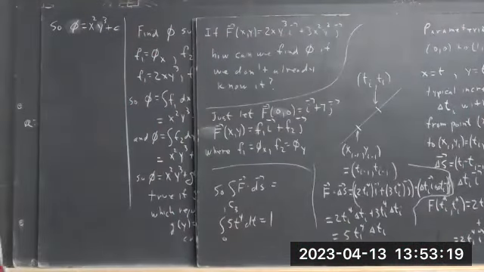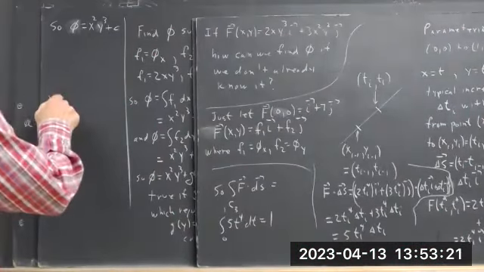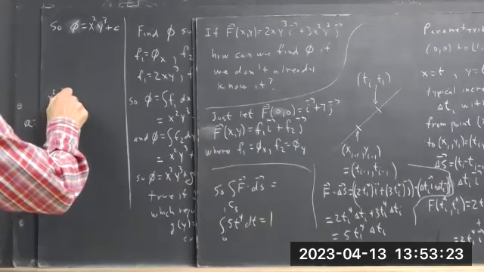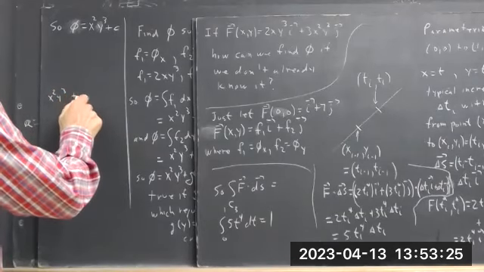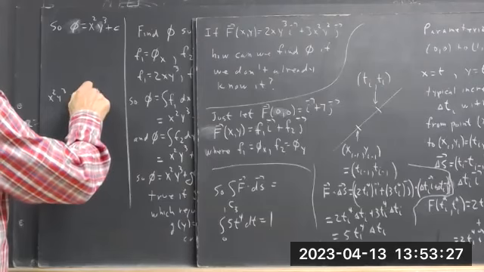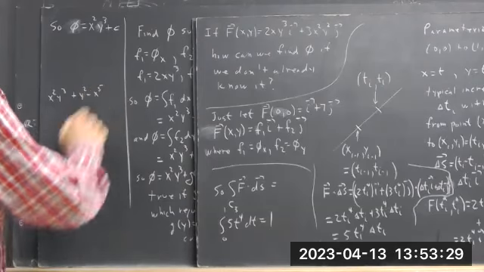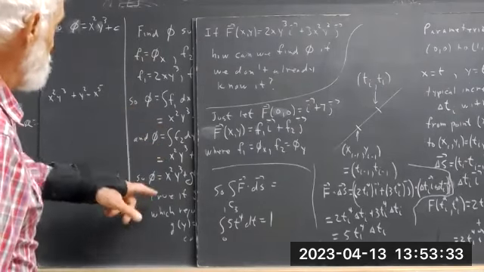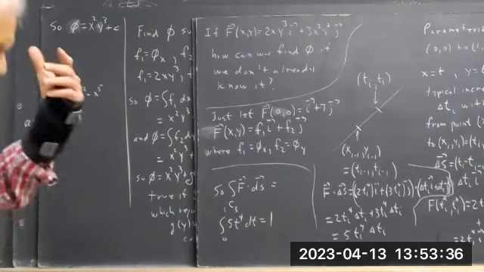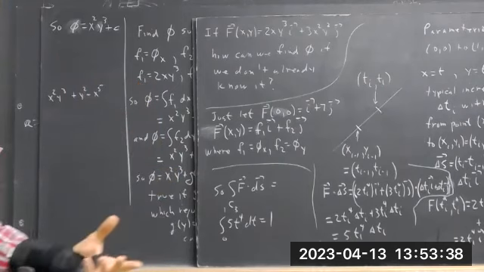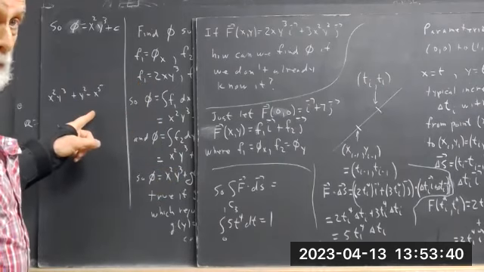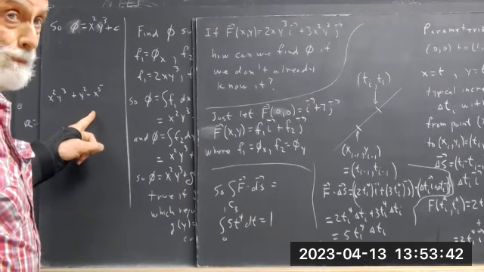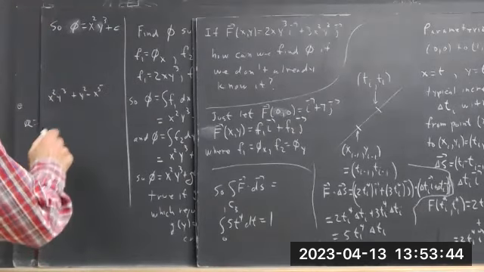Now, if I'd started with this, my g of y and my h of x would have had to agree with these, and they would have. I do the derivative of this.